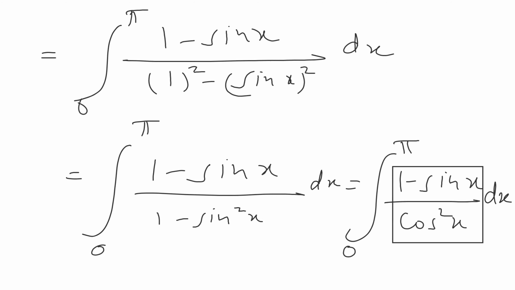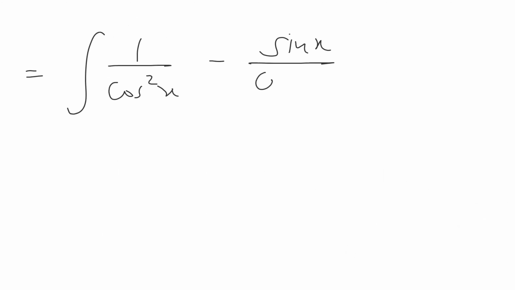1 upon cos square x minus sin x upon cos square x. Okay. So this equals 1 upon cos square x minus sin x upon cos square x, 0 to pi.